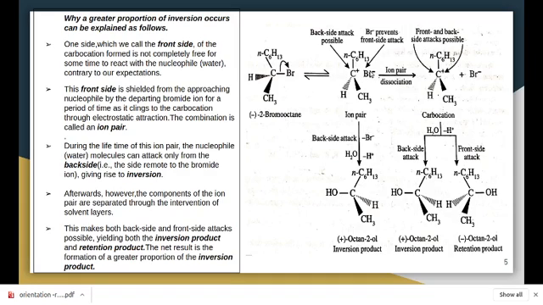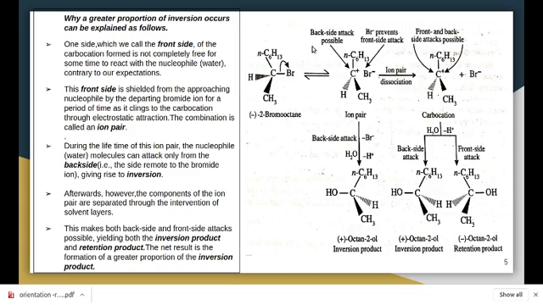So this leaving group will hinder the attack of the incoming nucleophile from the front side. The incoming nucleophile cannot attack from the front side due to the shielding of the leaving group.